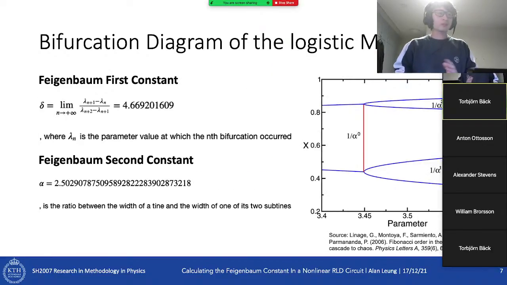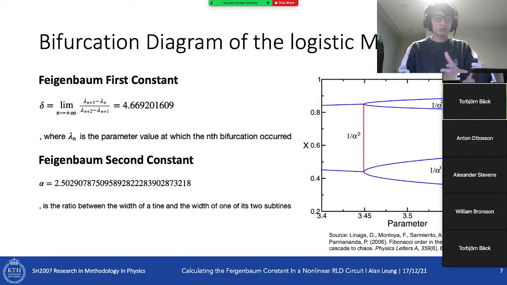What Feigenbaum discovered are two constants. The first one is delta, the limit as n tends to infinity of the ratio of the former difference of the parameter over the later difference of the parameter, defined to be 4.669, where λ_n is the parameter value at which the nth bifurcation occurs.